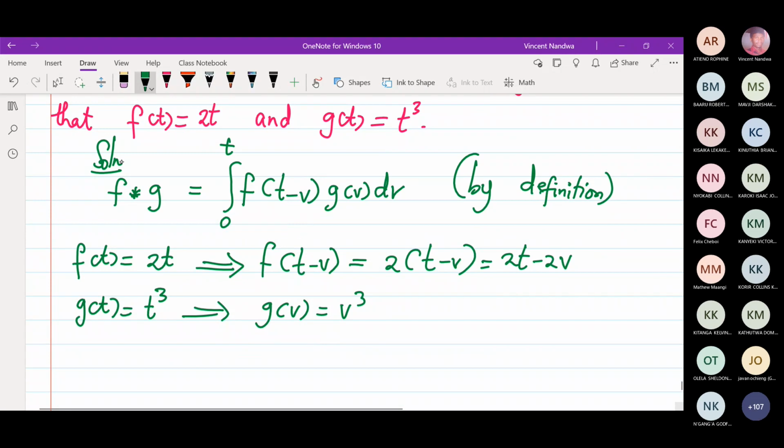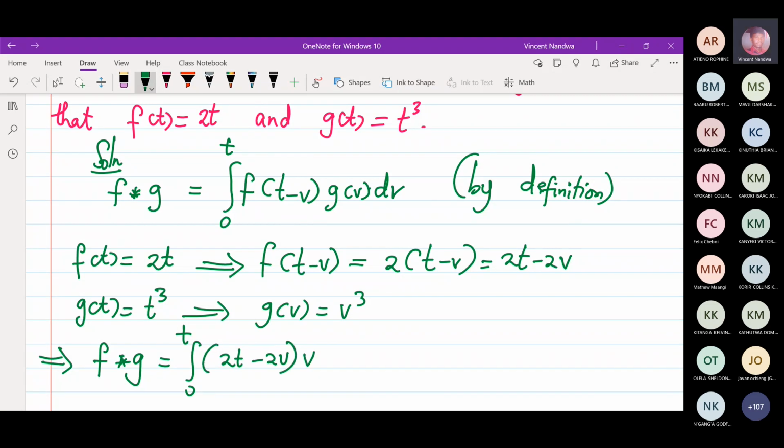Therefore, this implies that the convolution of f and g is the integral from 0 to t, where f of t minus v is replaced by 2t minus 2v, and g of v is replaced by v cubed, and then dv.